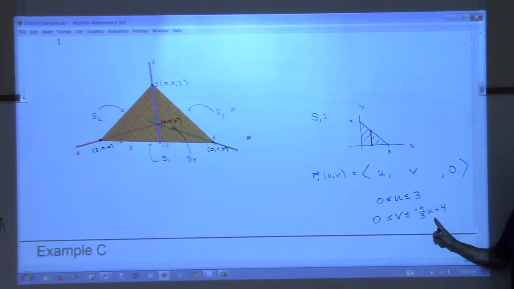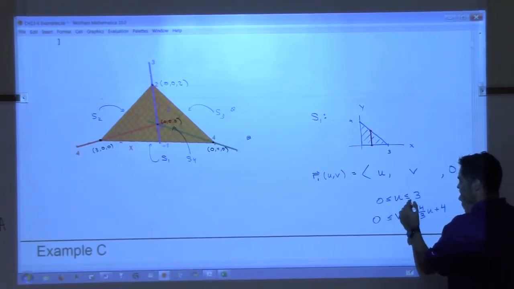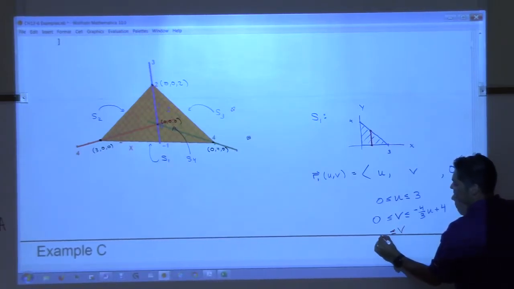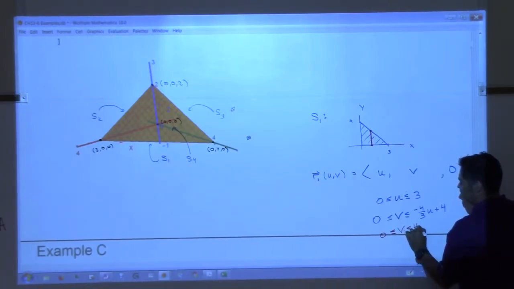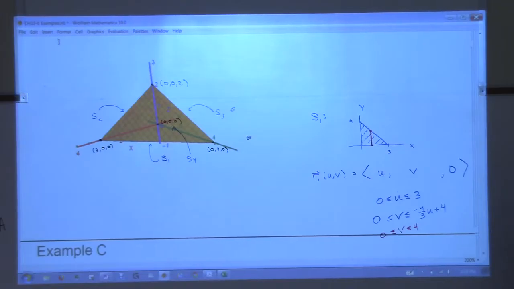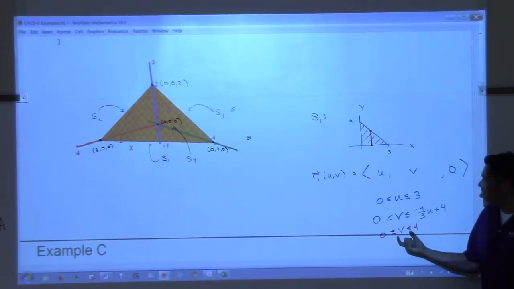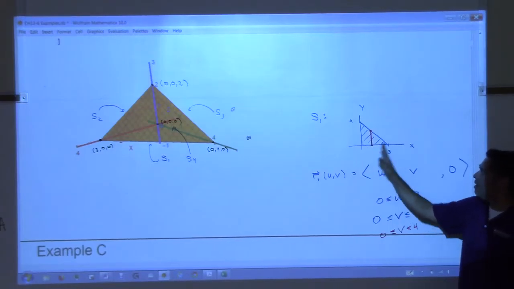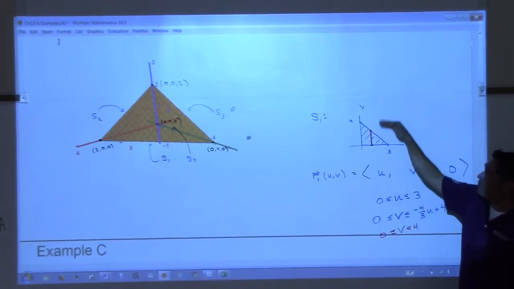This is critical because here's the mistakes that I see sometimes. Sometimes I'll see people do v here, and then on the restrictions they'll just put 0 to 4. I hope that's obvious that that's wrong because that's going to give you the rectangle, isn't it? All the x's are between 0 and 3 and the y's are between 0 and 4.